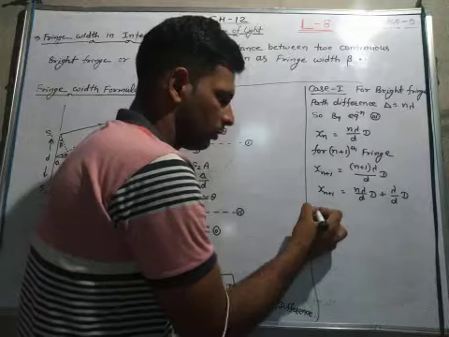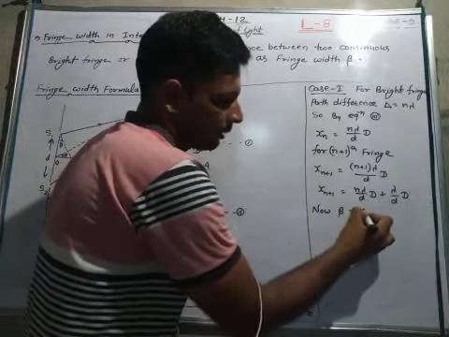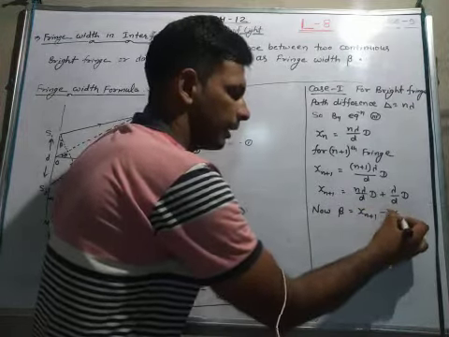Now beta is equal to xn plus 1 minus xn.